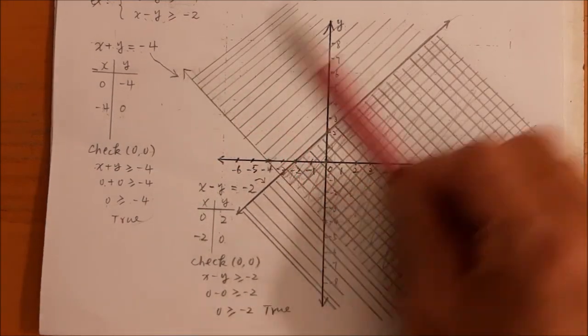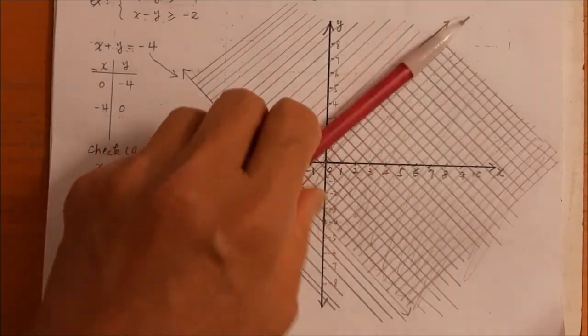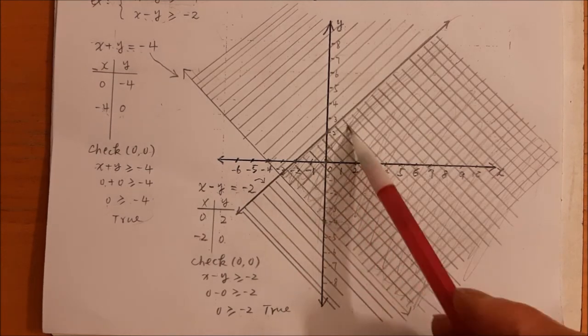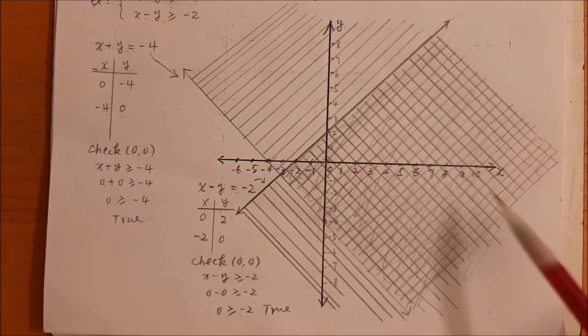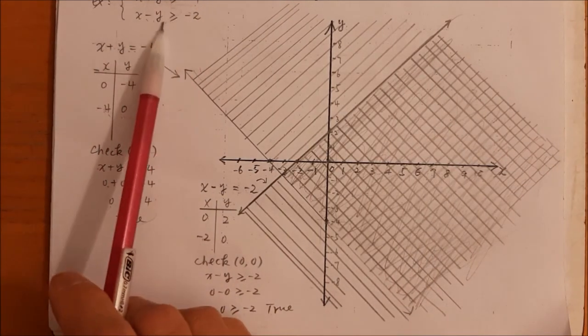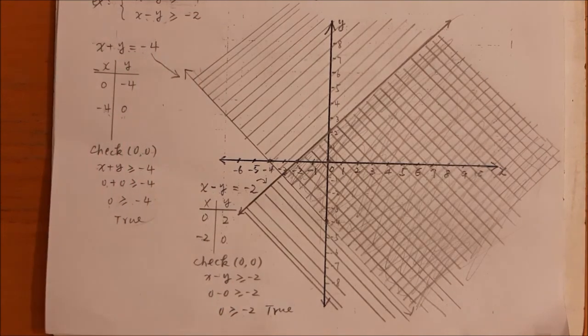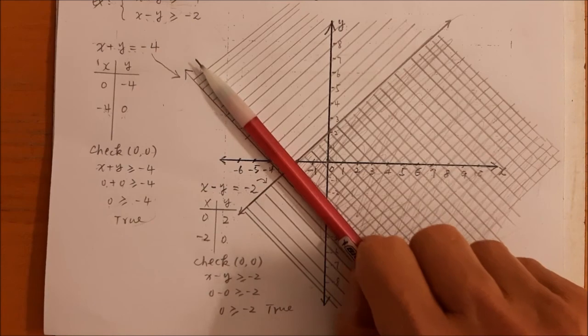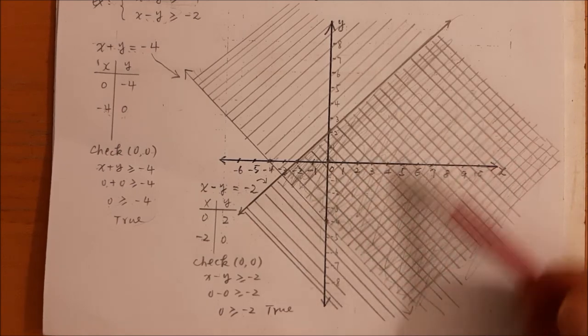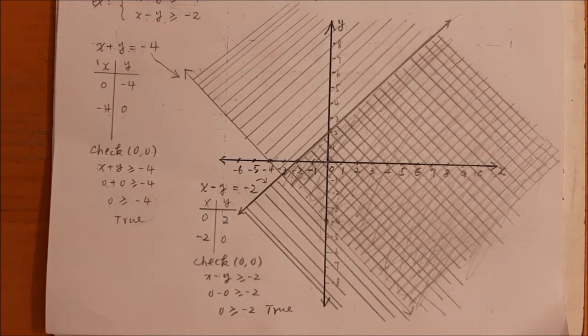This half plane intersected with this half plane gives the intersection area, which is shaded by both.